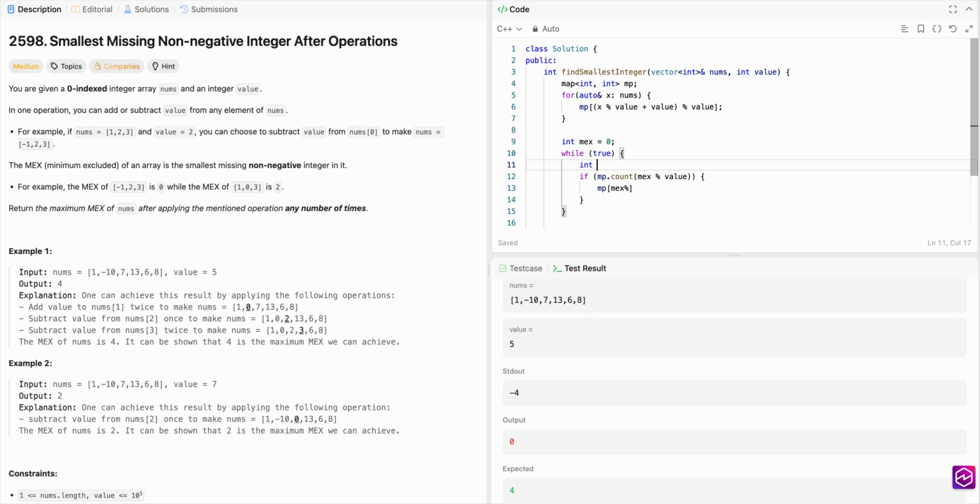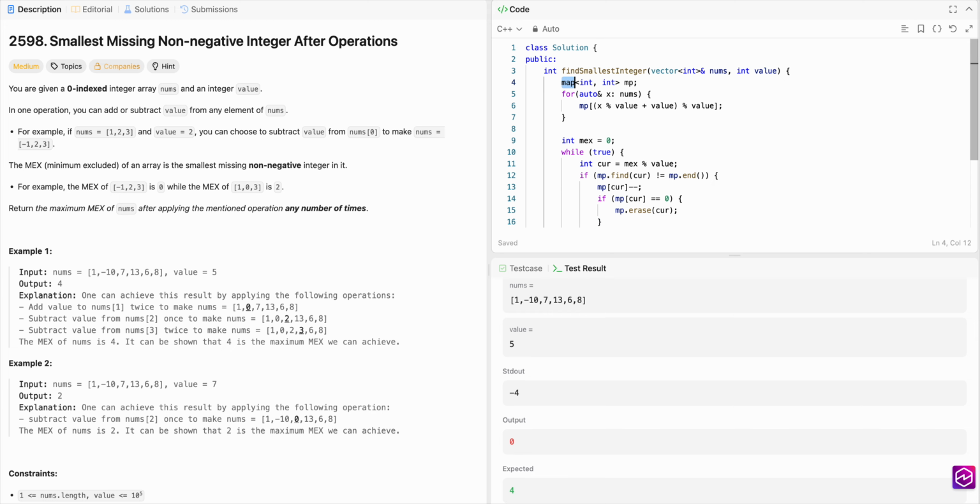So basically we can find out current equals max modulo val, and then we can just see that if mp dot find cur is not equals to mp of n, then we can just do mp of cur minus minus, and if mp of cur doesn't equal 0, we can just do mp dot erase cur value.